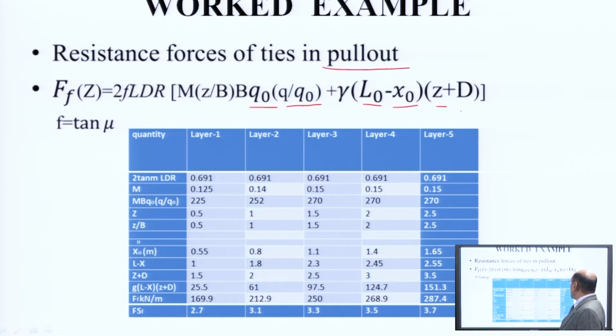X is a variable. So we can get the quantities like 2, f, LDR, M, the different parameters, and finally we get the parameters for each layer. We can get it here.